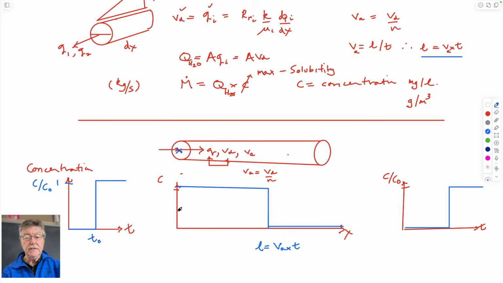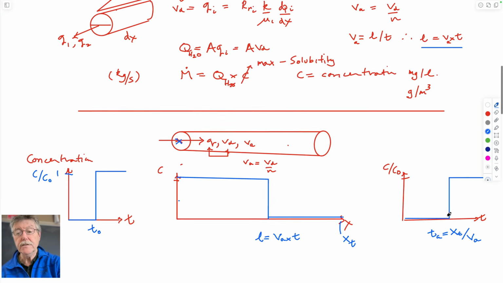And so I guess if this is the total x total, then you can also rewrite this as t arrival is equal to length traveled, which is x total, divided by advective velocity in the x direction. You've used all these relationships.